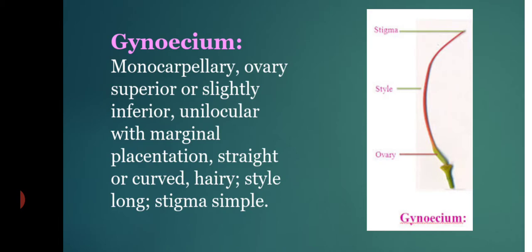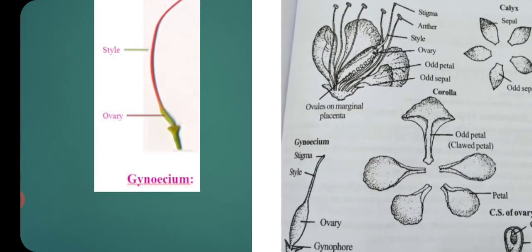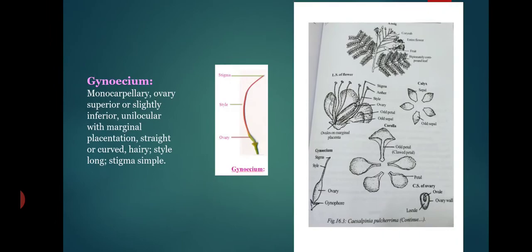See this curved style, and then hairy, style long, stigma is very simple. That is the characteristic of Gynoecium, that is monocarpellary, ovary superior or slightly inferior, unilocular with marginal placentation, straight or curved, hairy, style long, stigma simple. And these are the characteristic features of Gynoecium.